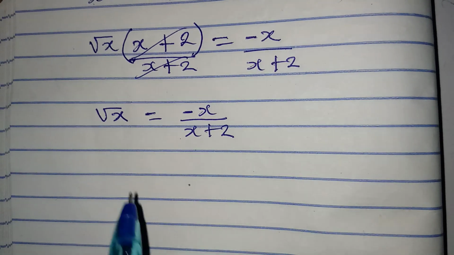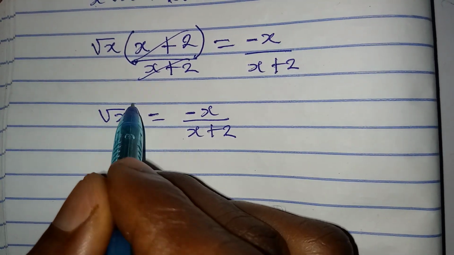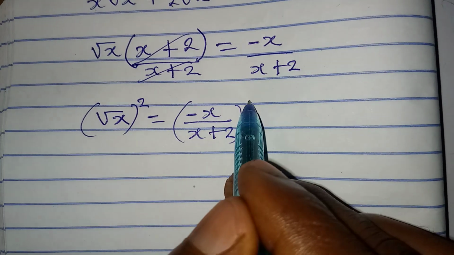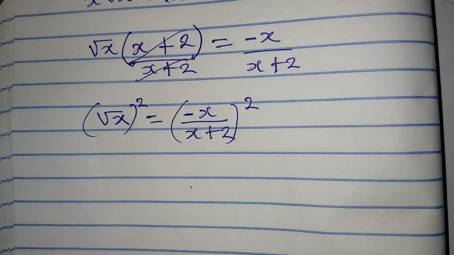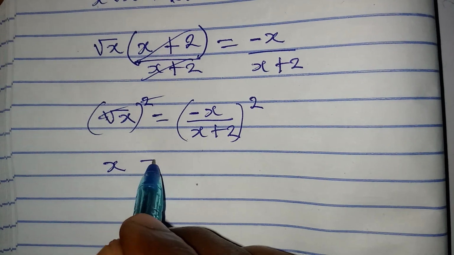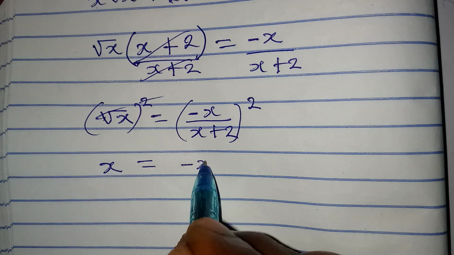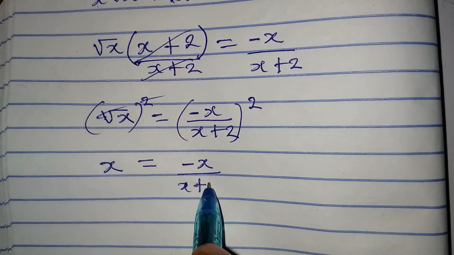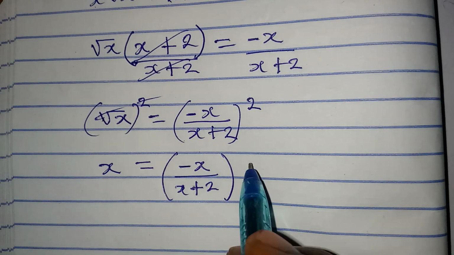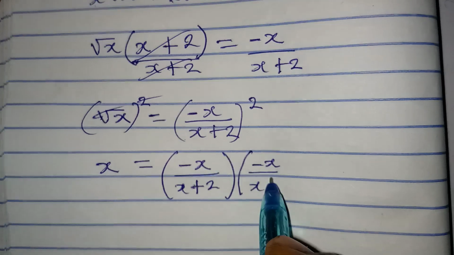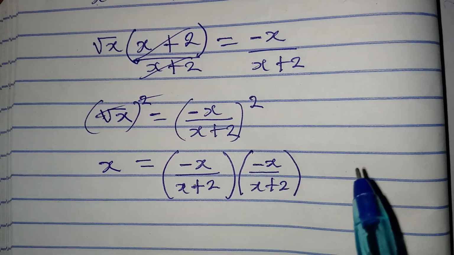Now what do I do? Remove the square root by squaring both sides. This will cancel this, and then our x will be equal to minus x over x plus 2, in two places, minus x over x plus 2.